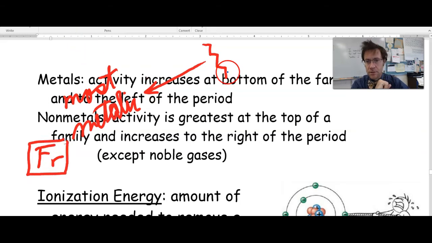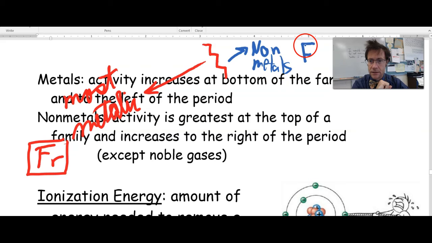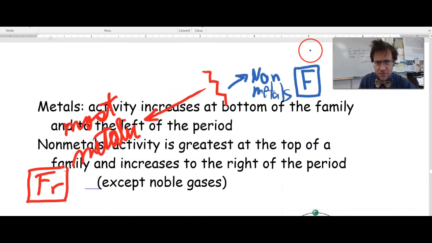Same thing, only completely opposite: you go up and right for nonmetals. And for that, it's fluorine. The most nonmetallic of all the nonmetals is fluorine.